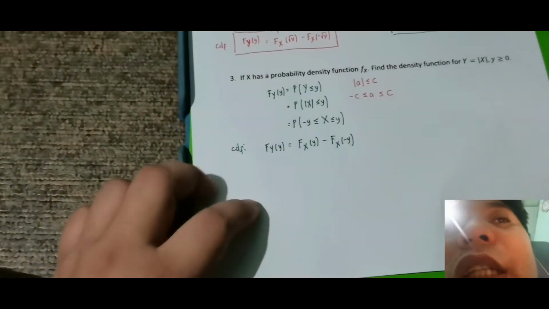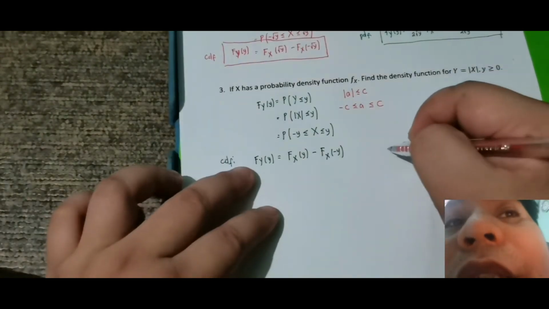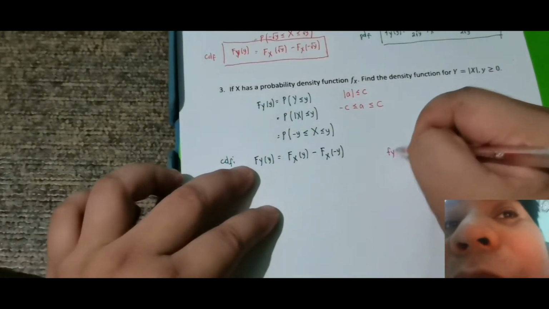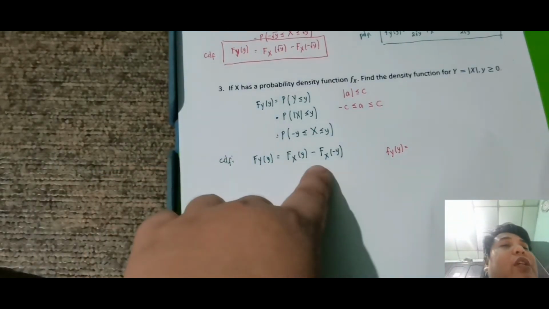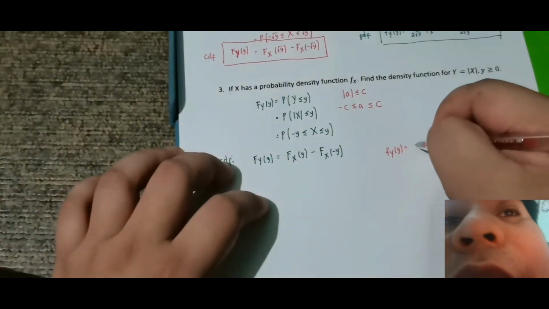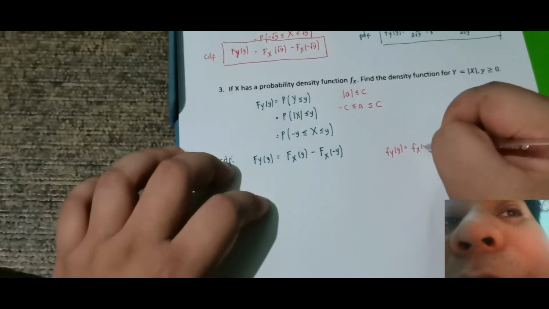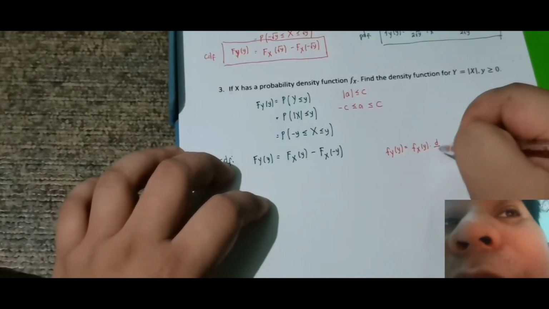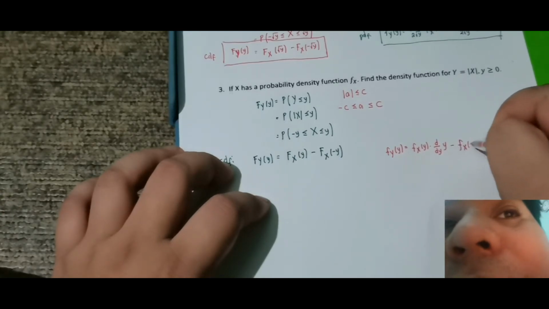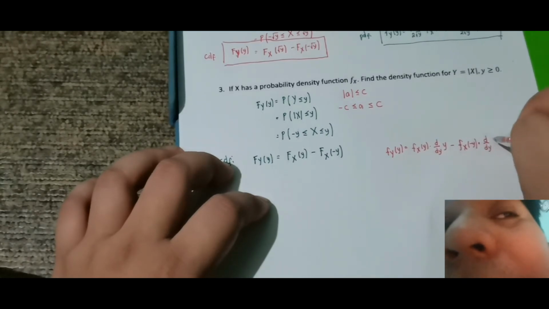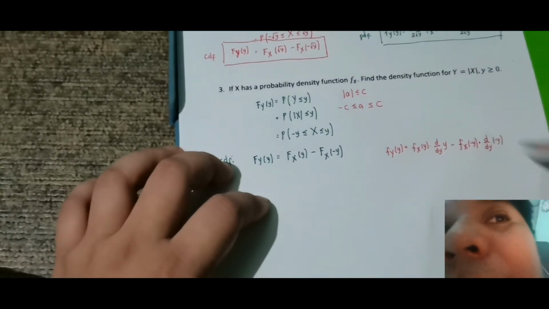So differentiating this side, or for the PDF, this is just f sub y of y is just equal sa, with respect sa y, differentiate with respect sa y. So this is just f sub x of y, then derivative with respect sa y of y minus small f of x of negative y times the derivative with respect sa y of negative y.